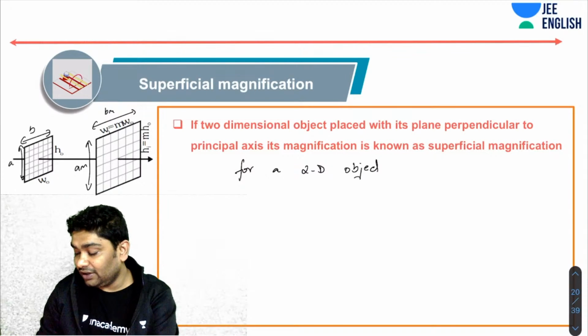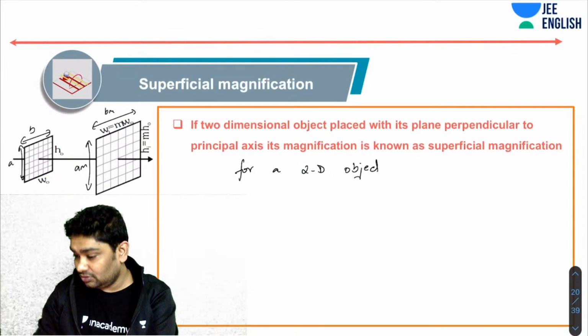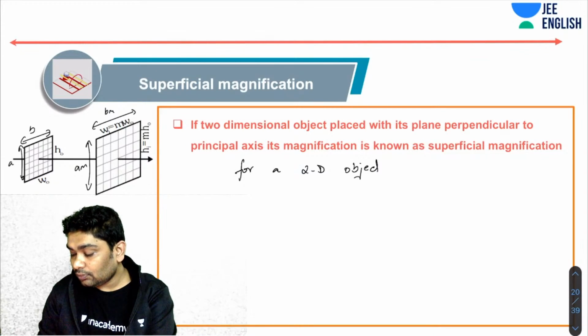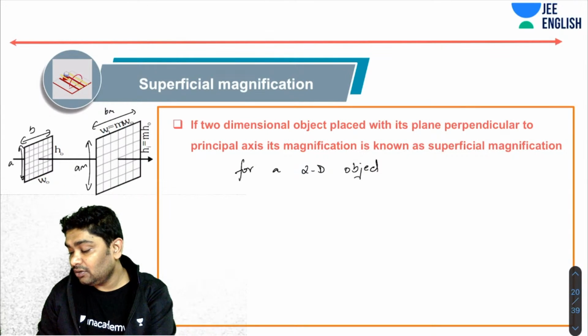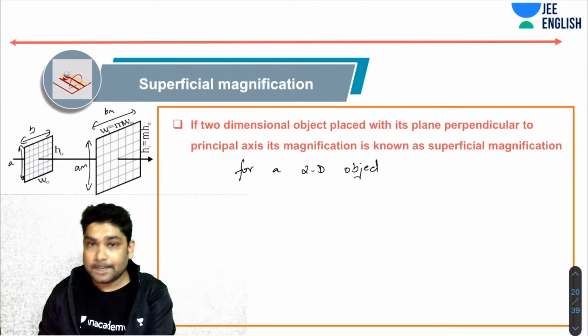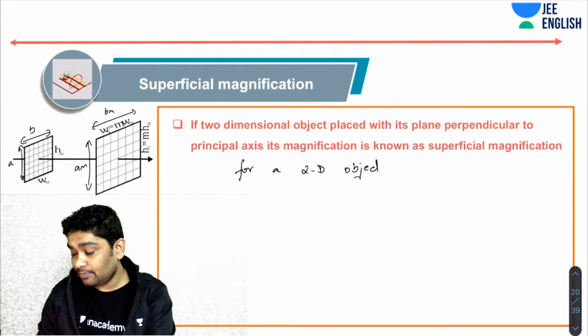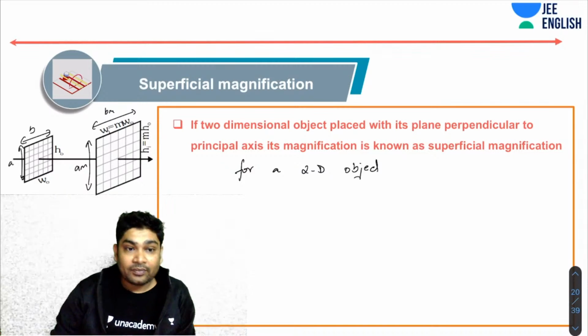Now, therefore, what you can say is superficial magnification becomes equal to m square. Okay.